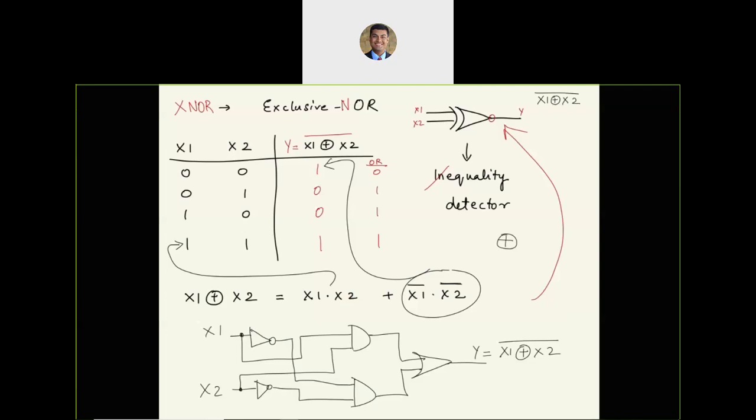However, now we have a bar over the entire thing, which we did not earlier. Yes. All right. Other questions, guys?